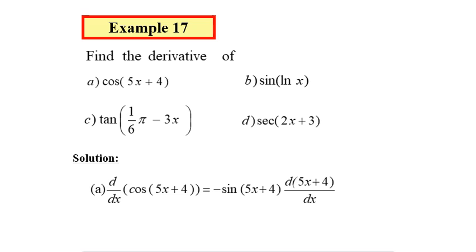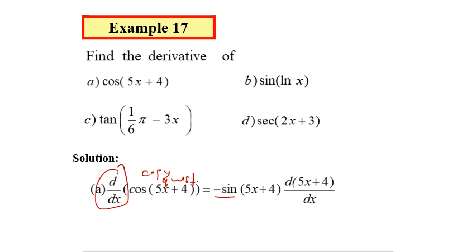Right, so the first one. Okay, as I said in the previous example, since the question didn't have y equals or f(x) equals, you have to put the notation d/dx at the front. So d/dx and then copy the question. And then, look at here. Differentiate cos, it is a negative sign. Remember the previous example.